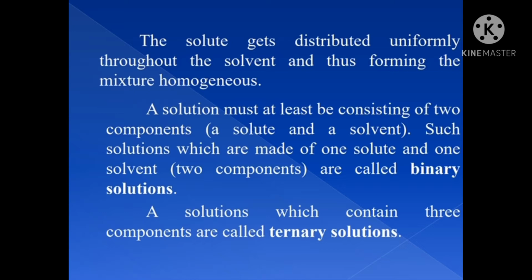The solute is the substance present in lesser quantity in the solution, which gets dissolved in the solvent, which is present in higher quantity. The state of the solvent usually determines the final state of the homogeneous solution. The state of the solute does not make any difference as long as it is soluble in the solvent.